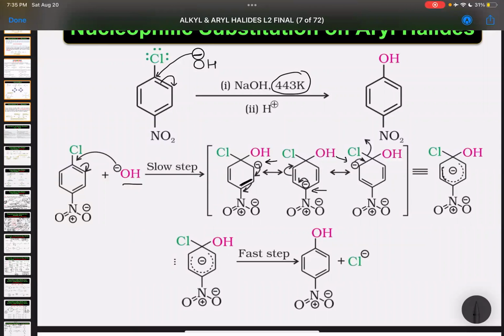Look at the way it is written, because the minus is getting delocalized in this region, and the minus charge is written at the bottom in the middle. Is it clear? This is the actual average structure. This is known as the Meisenheimer complex of NAS. This is the complex which is formed in the bimolecular NAS reaction.